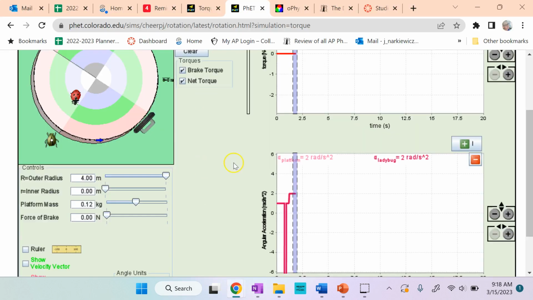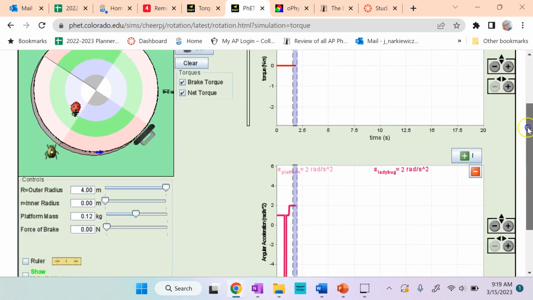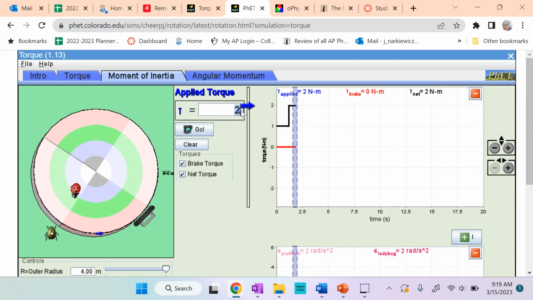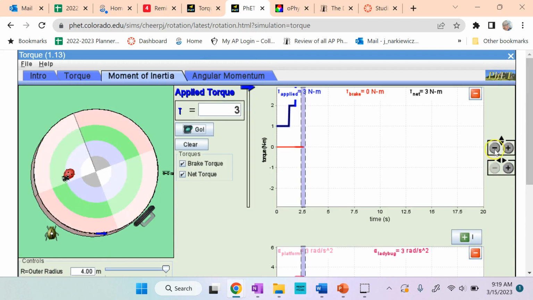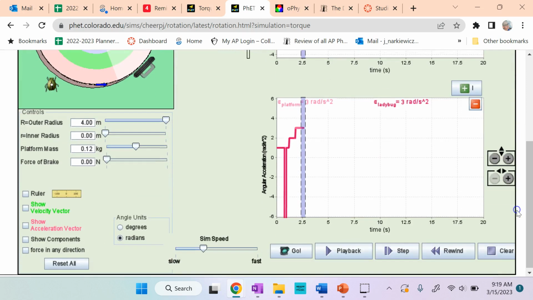Let's triple it. If I triple the net torque, and this is a direct relationship, the angular acceleration should also triple. So we'll let that go for a little bit. All right, let's adjust my graphs. There's my net torque at 3, and down here I have an angular acceleration of 3.